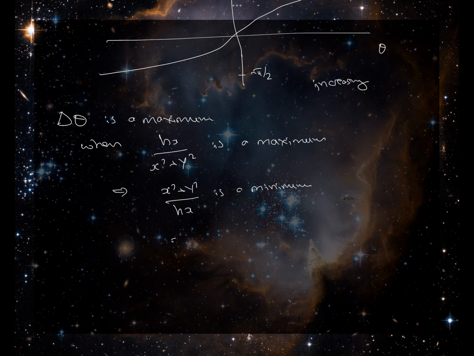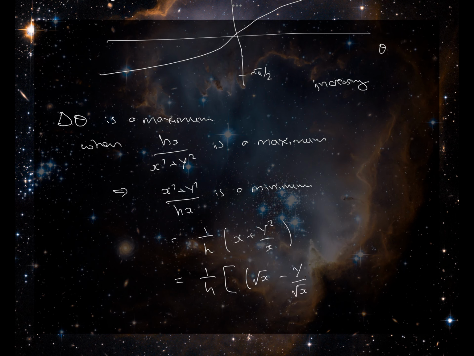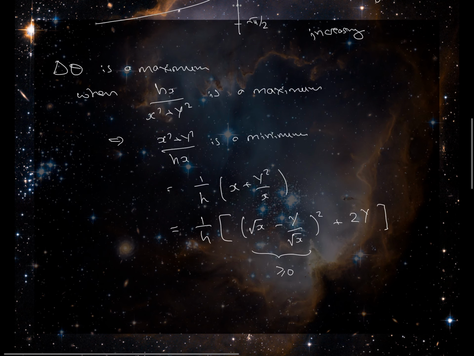Now that's equal to 1 over h into x plus y squared over x. Now that's equal to 1 over h into square root of x minus y over the square root of x all squared plus 2y. And you can see that thing is greater than or equal to 0, and therefore this attains its minimum.